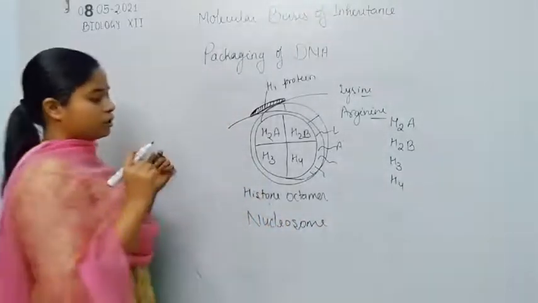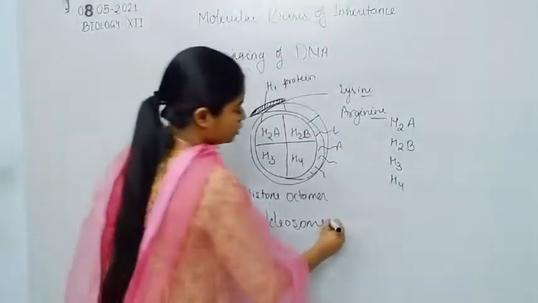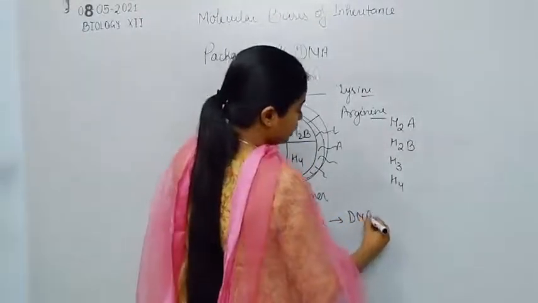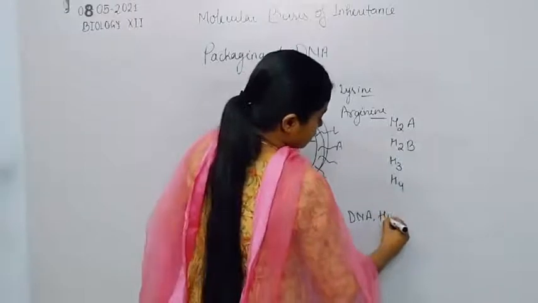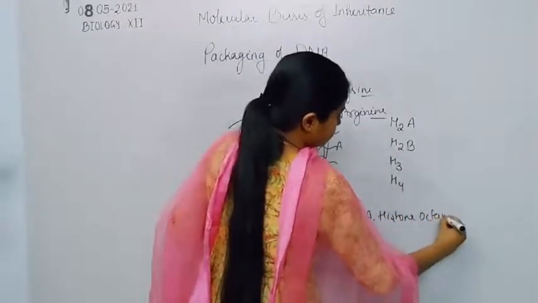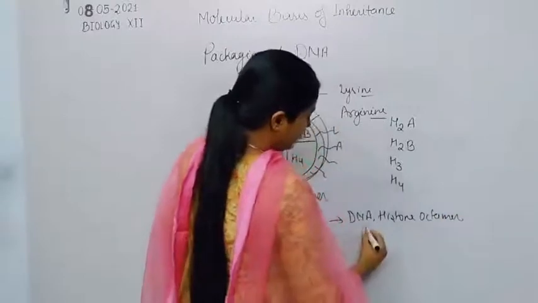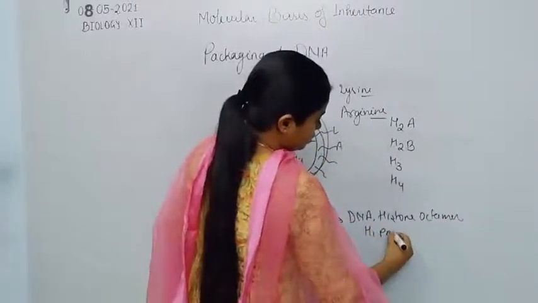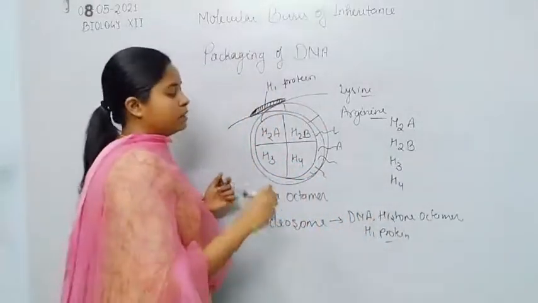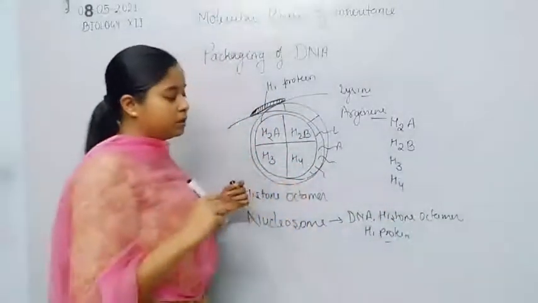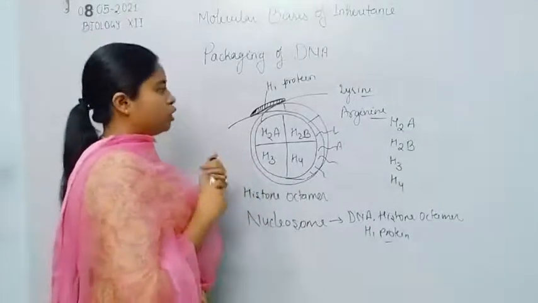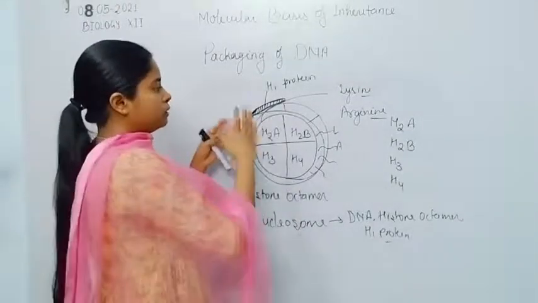The H1 protein is also a histone protein, but it is quite separate from the histone octamer, and it helps in the knotting of the DNA molecule.